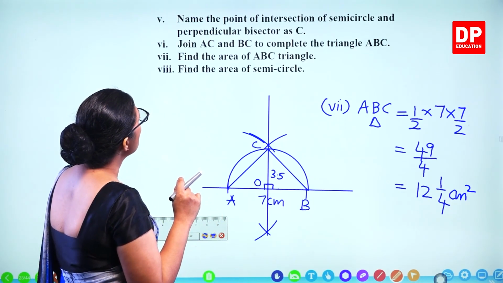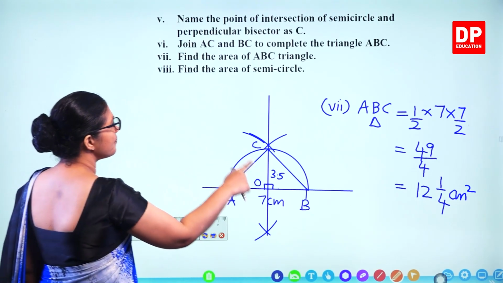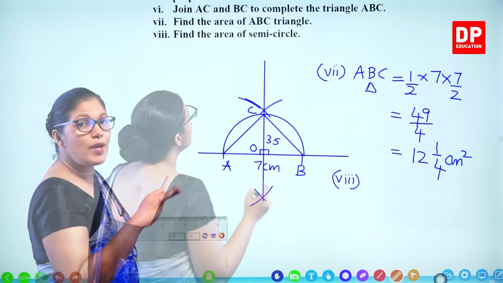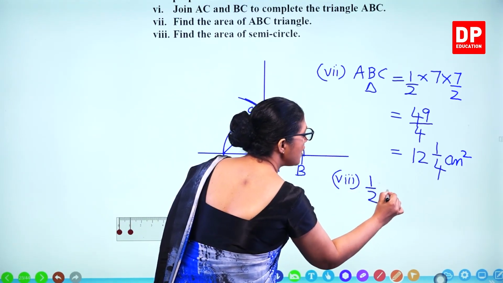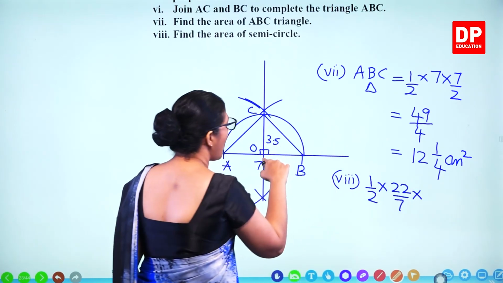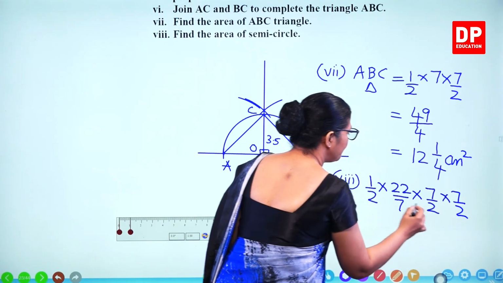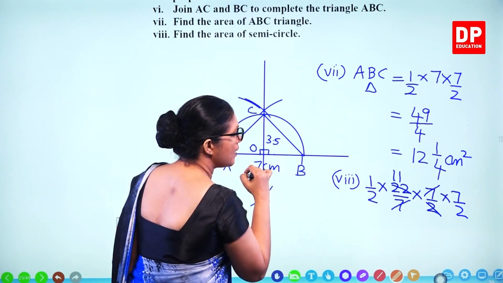Then what's the next one? Find the area of the semicircle. The area of the circle is pi r squared, so half of it is half into pi, that's 22 over 7, r squared, that's 7 over 2 and 7 over 2. The 7s get cancelled out, and 2 with this 22 gives 11.